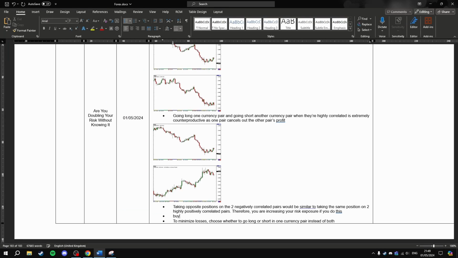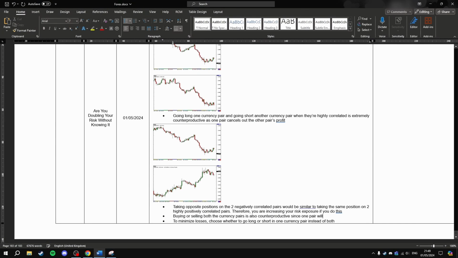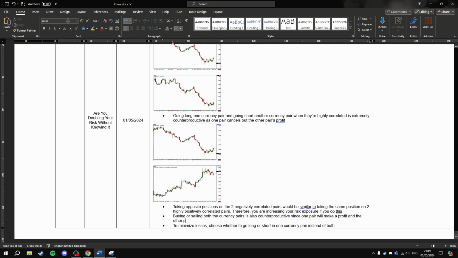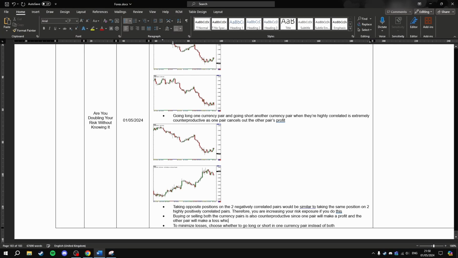Buying or selling both currency pairs is also counterproductive, since one pair will make profit and the other pair will make a loss, which cancels each other out.